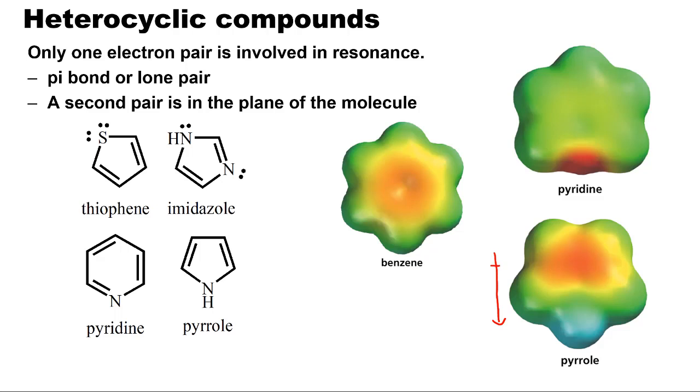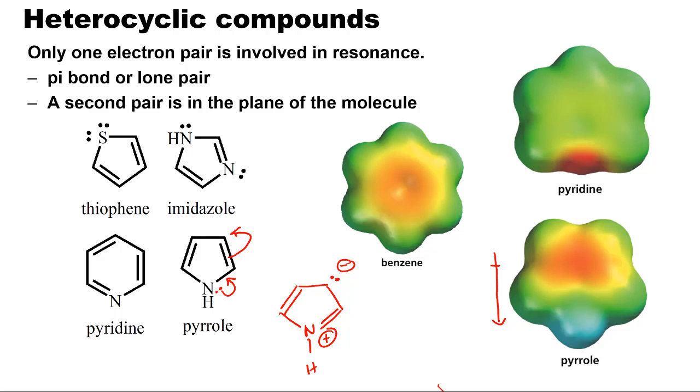Considering that nitrogen is more electronegative than carbon, you'd expect the negative end of the dipole to be towards the bottom. But in fact, for pyrrole, when you think about its resonance contributors toward its aromatic structure, when you do the double bond to the nitrogen and you have this hydrogen, it has a positive charge, like this.